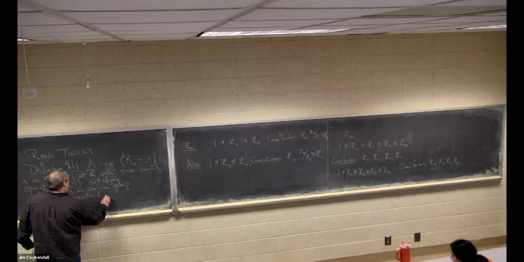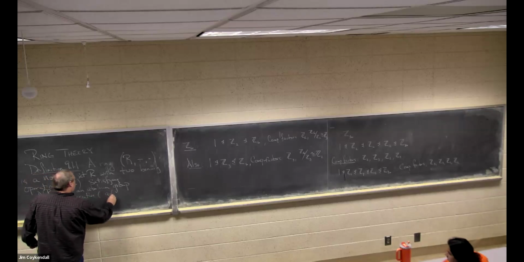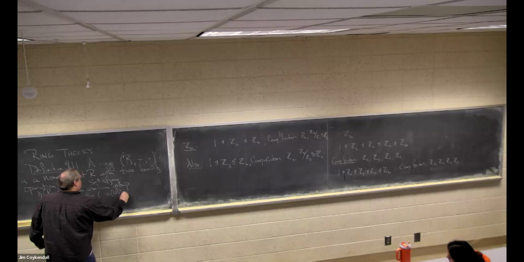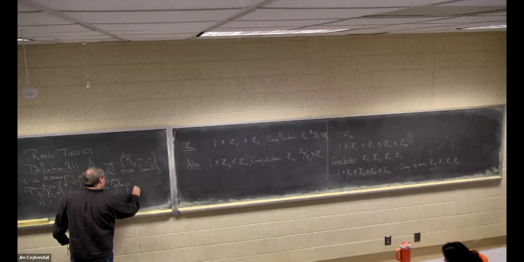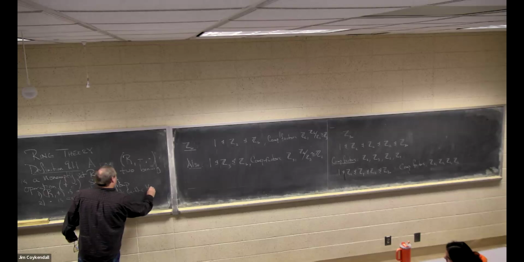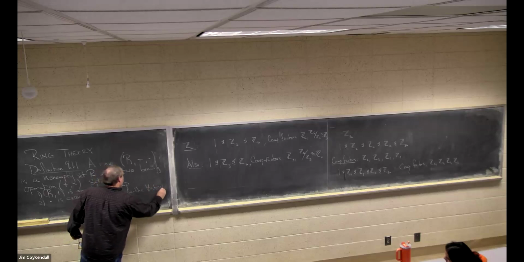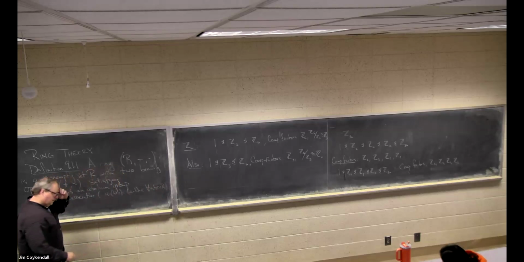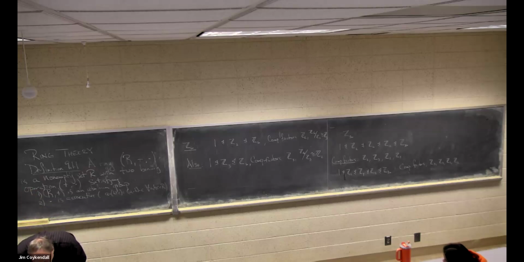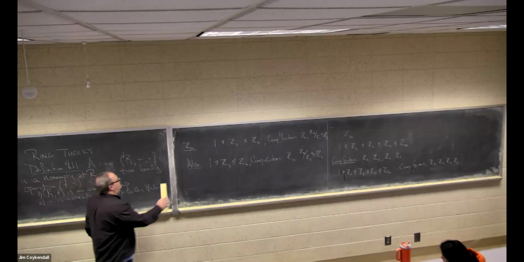That is to say, (a · b) · c = a · (b · c) for all a, b, c in R. And finally, here's the play nice part.